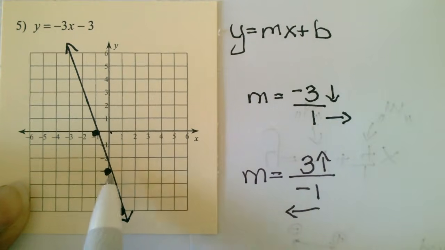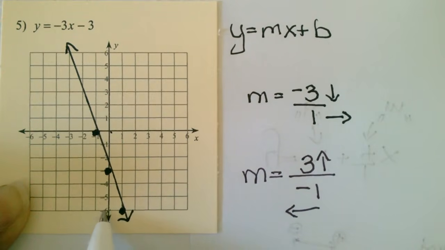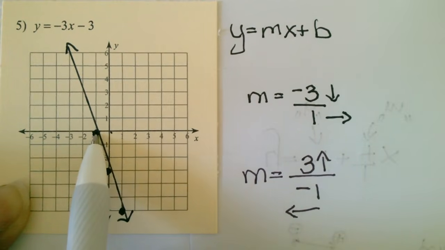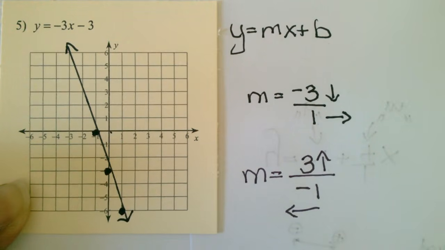You can go down 3 city blocks and then turn right 1 block. Boom, there's the party. Or you can go up 3 city blocks and turn left, and boom, you can go to that party. Whatever the slope tells you to do, that's your movement. Your y-intercept just tells you where to start.